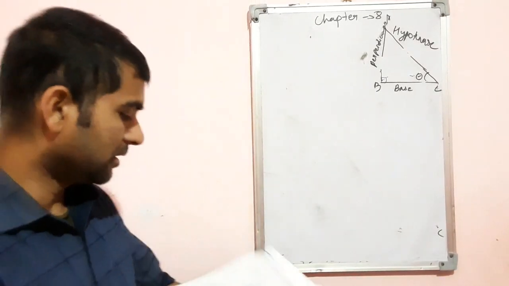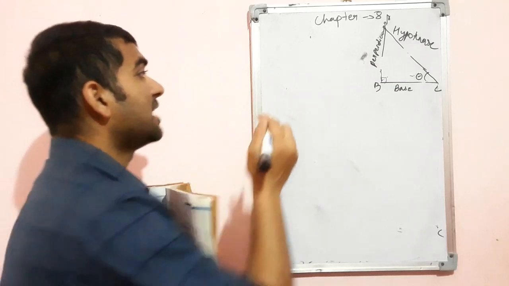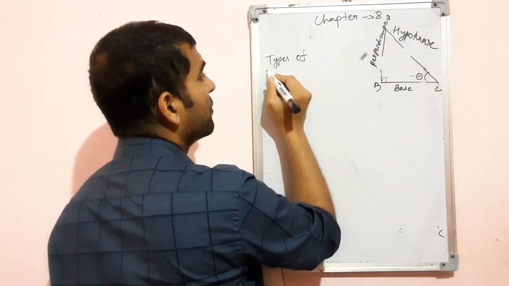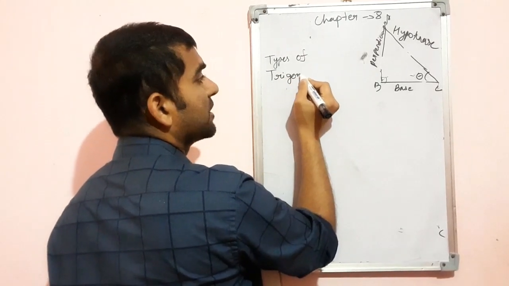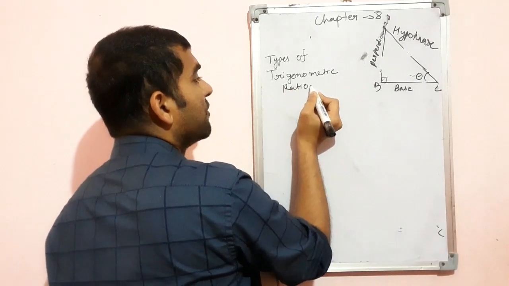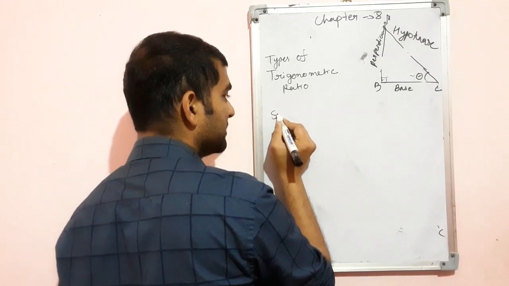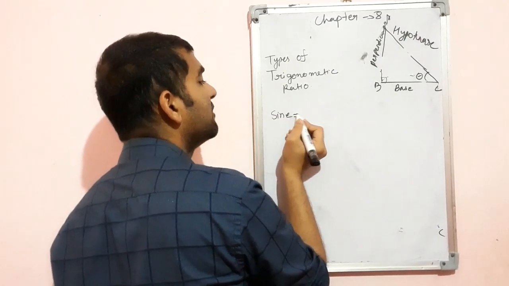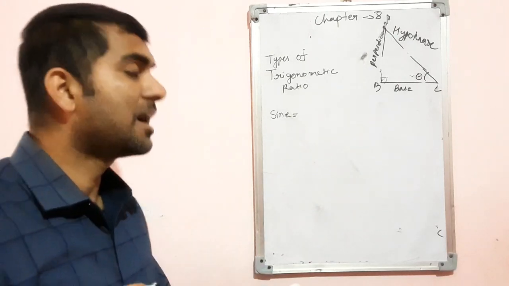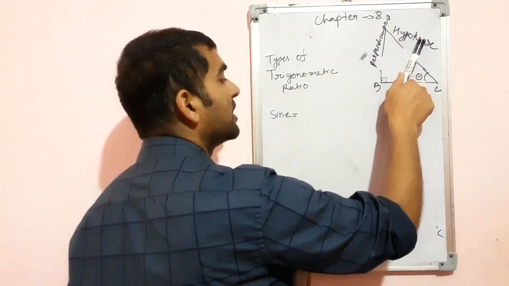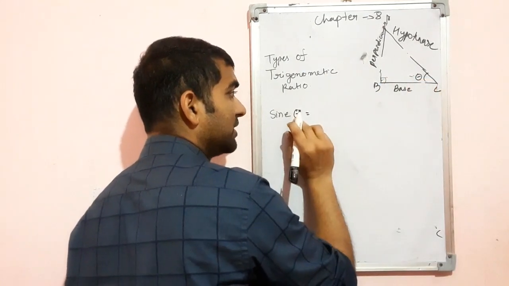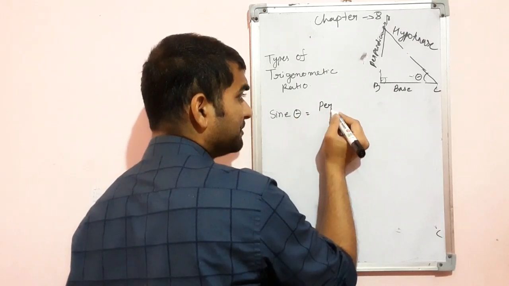Now let us write the types of trigonometric ratio. The first type is sine. Sine theta is the ratio between the perpendicular and the hypotenuse, with respect to the acute angle theta.